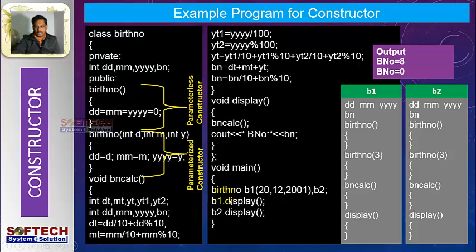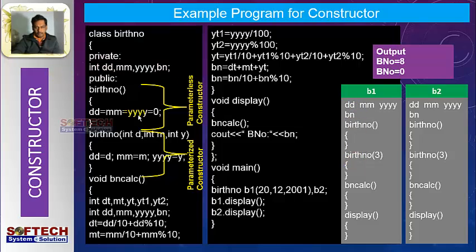So it gets a copy of b1 from the class. b1 is an object, so b1 consists of all data members of the birth number class, because all members may be a data member or a function.